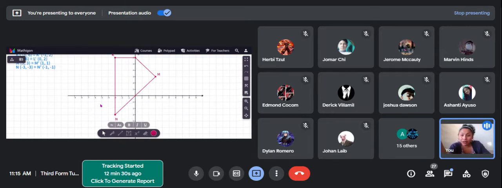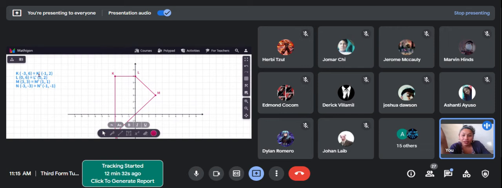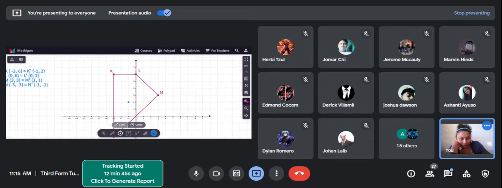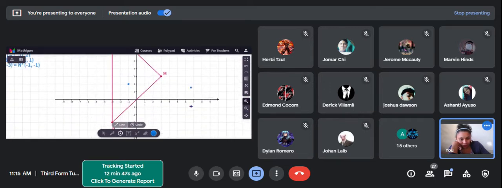All right? So I'm going to take the first one and I'm going to go ahead and find negative 1, 2, and that is right there. Negative 1, 2. You can see that? And I'm going to label this as K1.